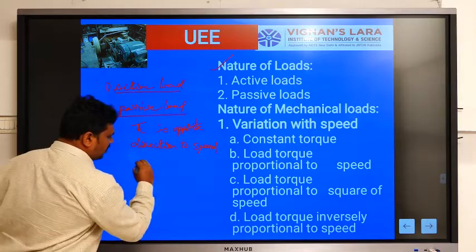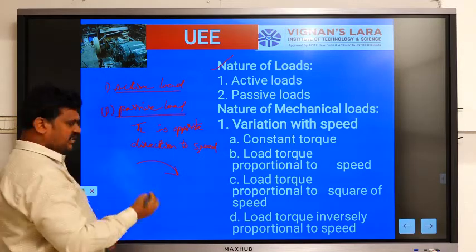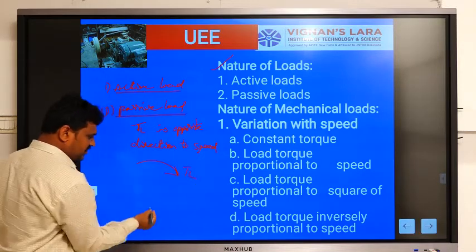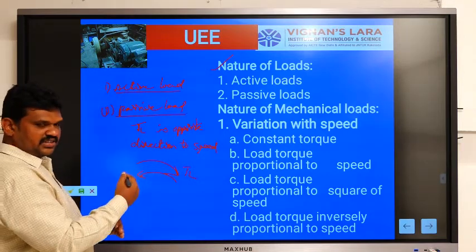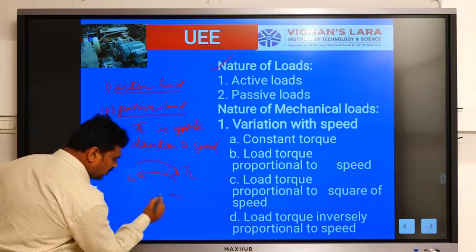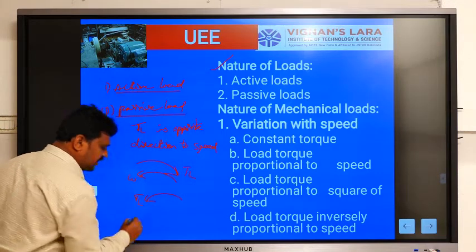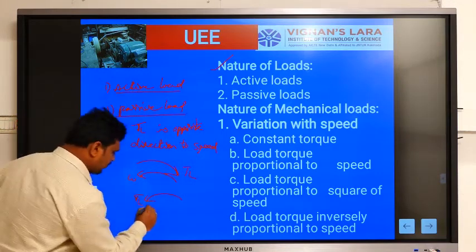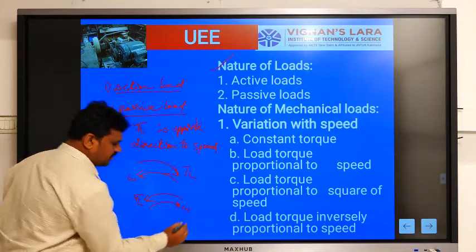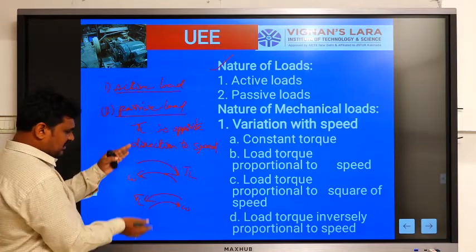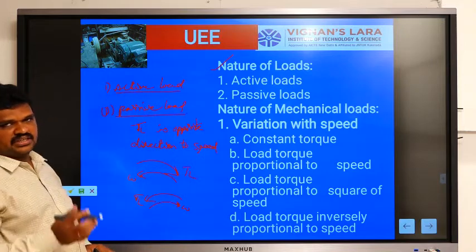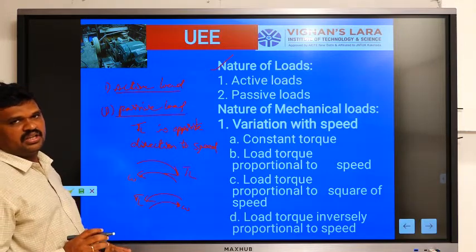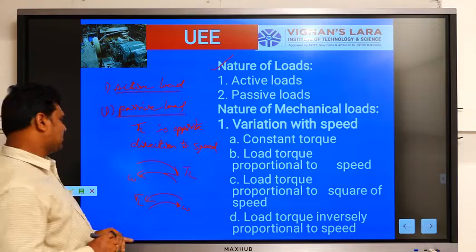If the torque is in the clockwise direction, the speed will be in the anti-clockwise direction. If the torque is in the anti-clockwise direction, the velocity will be in the clockwise direction. Then we can say these are in opposite direction to each other. Then that mechanical load is called the passive load.